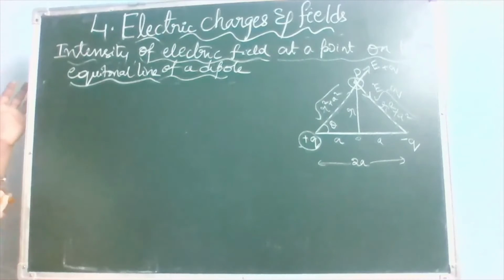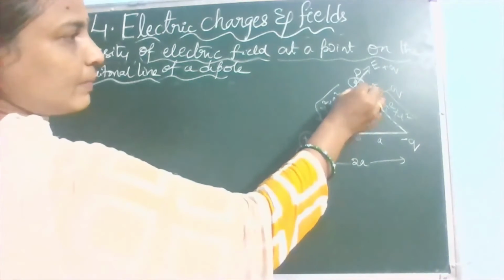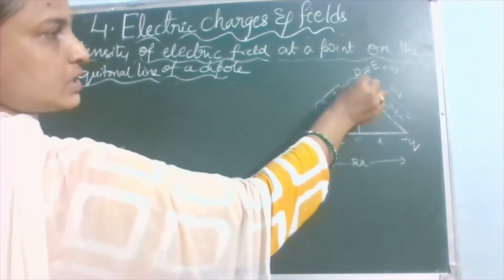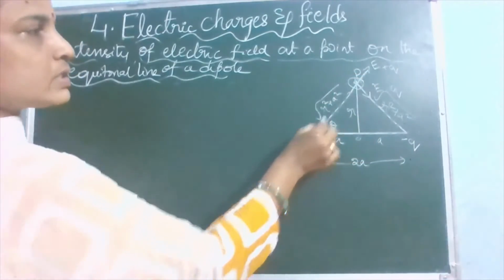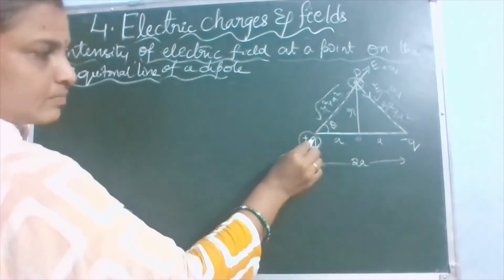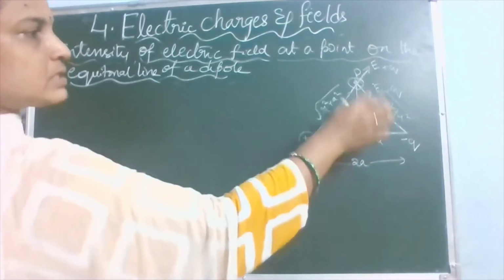Why? Because the test charge at this point is positive, so it is repelled away from plus q, and attracted towards minus q.